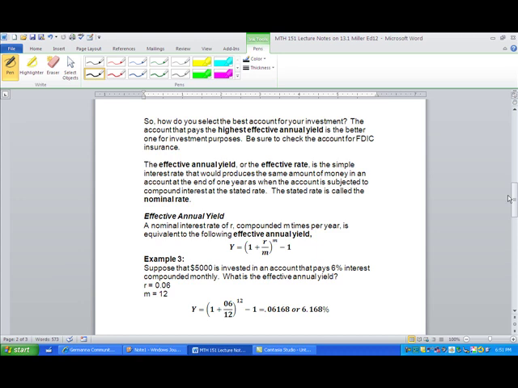So if we have different accounts, some being compounded monthly, maybe another one being compounded quarterly, another one being compounded daily, and we want to compare those accounts, the best way to figure out which one is going to produce the most interest is to take a look at the effective annual yield.